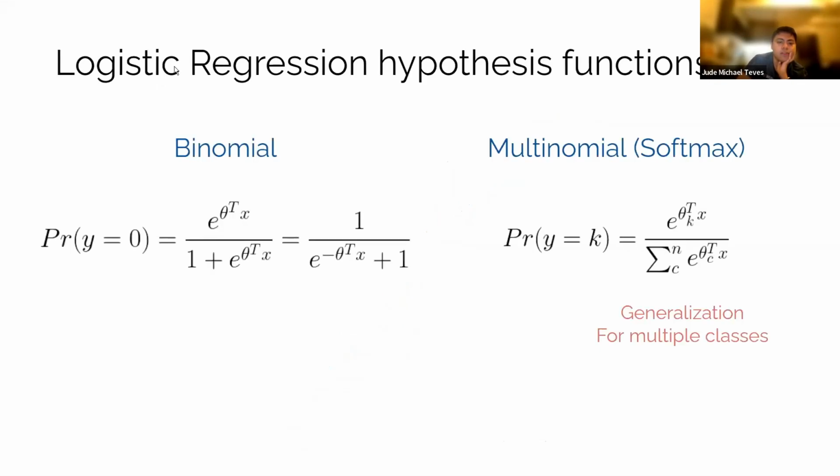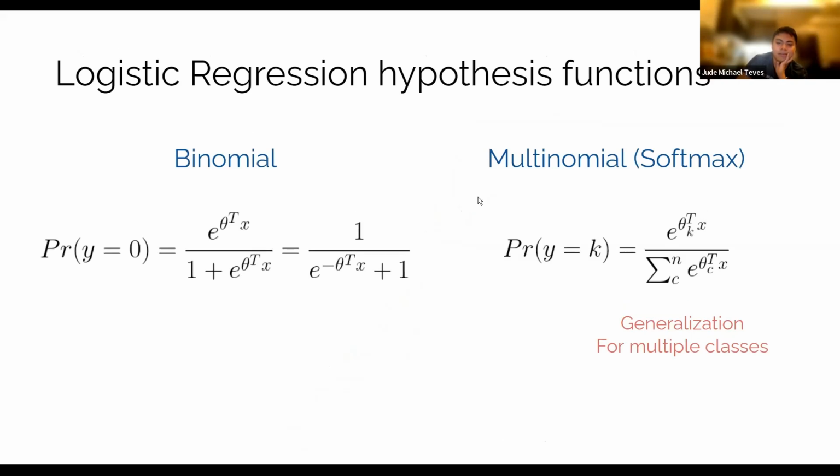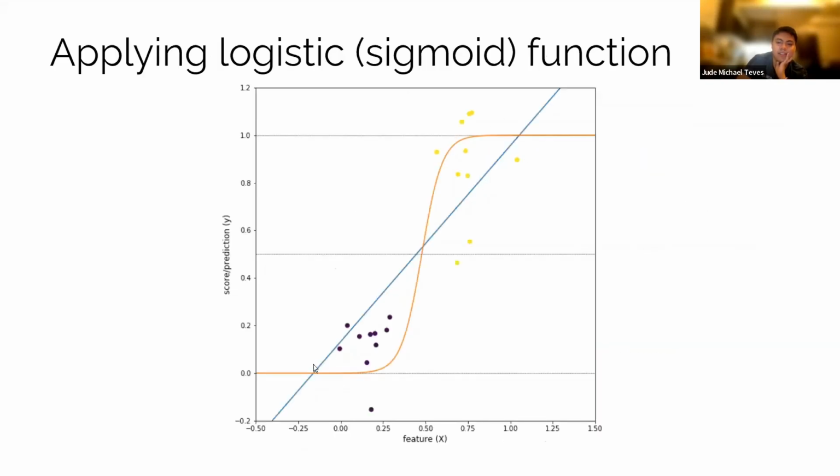Okay, just some equations for binomial and multinomial or softmax regression. But yeah, it's really just this. You're transforming the values of linear regression into this logistic or sigmoid function.